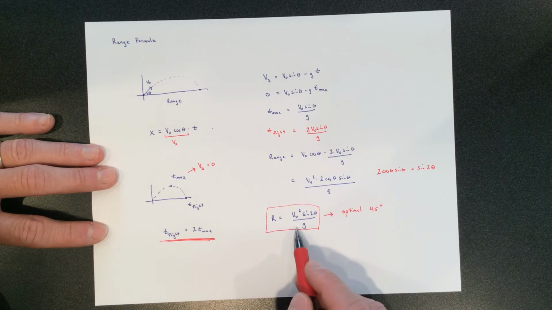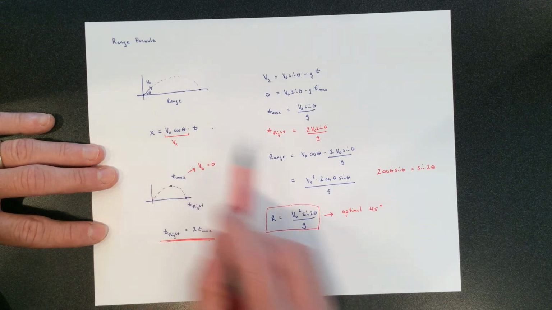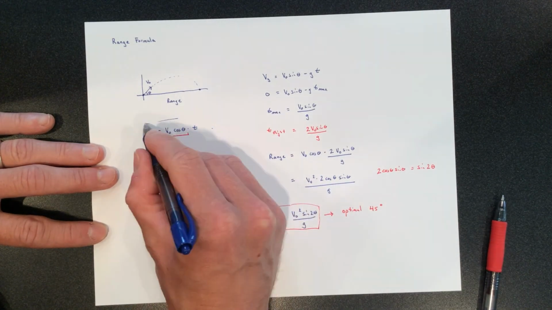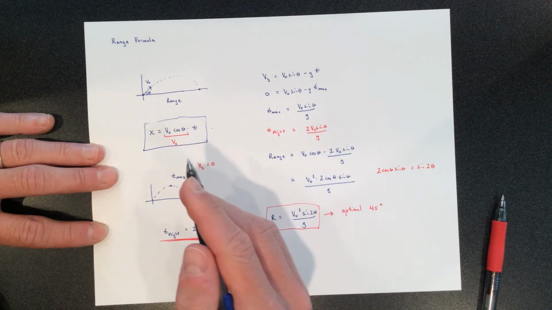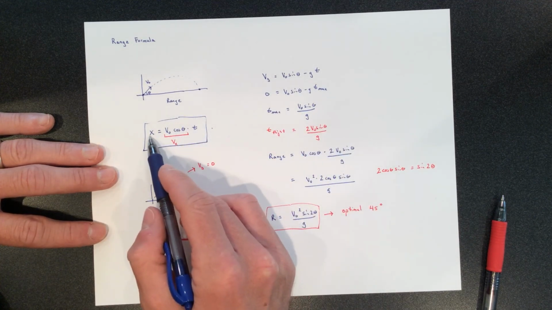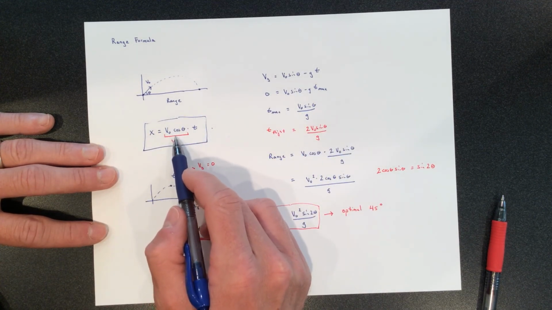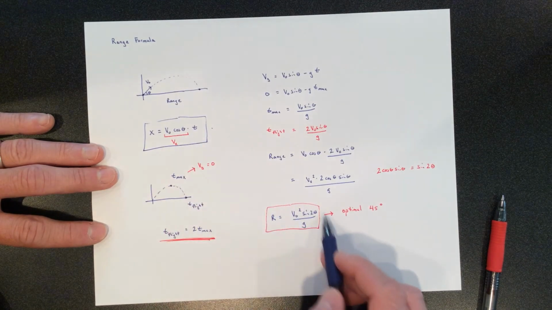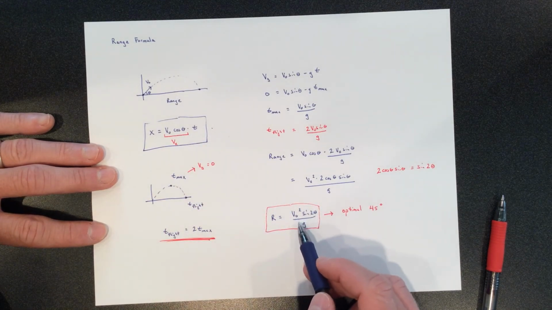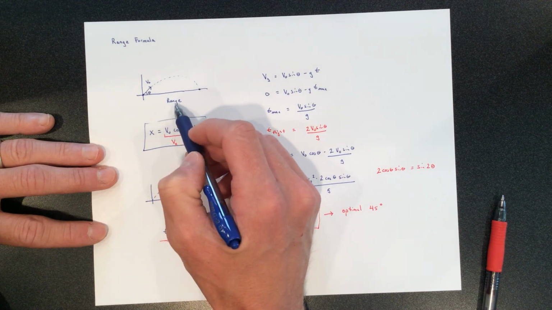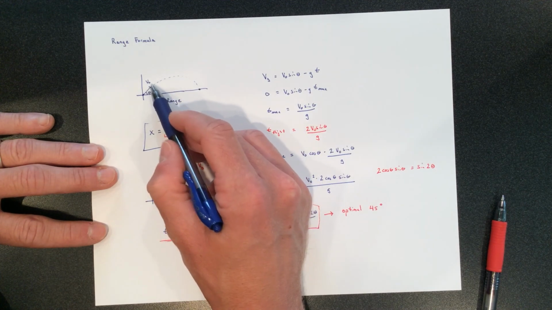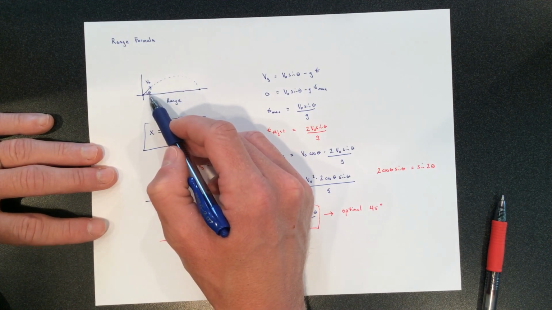So this is only a symmetrical case. This, right, this is the range equation that's always true. I can always tell you how far you've traveled if you just tell me how fast you're traveling horizontally and how long you're in the air for. This is just nice because it doesn't have time. It can just tell us how far we can go based on the cannon speed and the angle we're pointing. Okay?